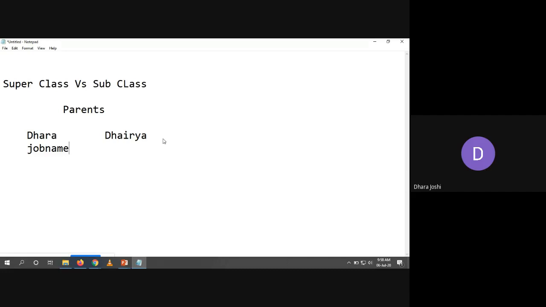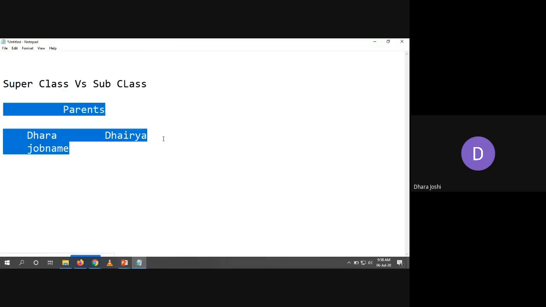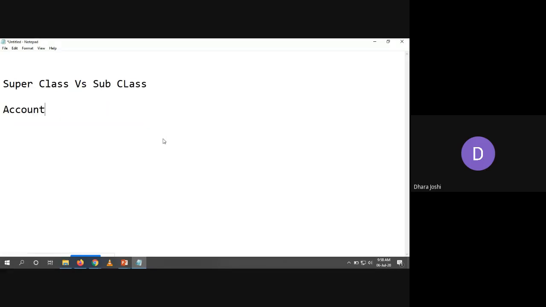We can also take one example like in a bank, we have an account. Account can be further divided into saving account or current account. So account is a superclass and can have all the characteristics. Some of the same characteristics the saving account and current account also have.